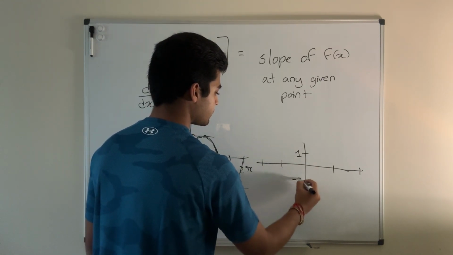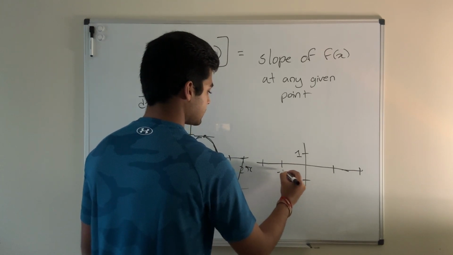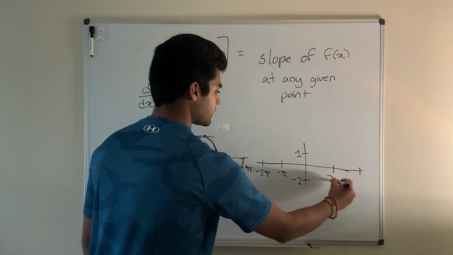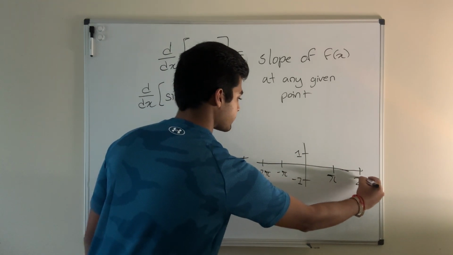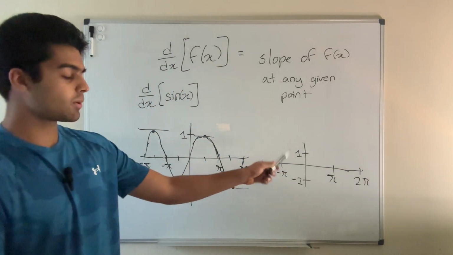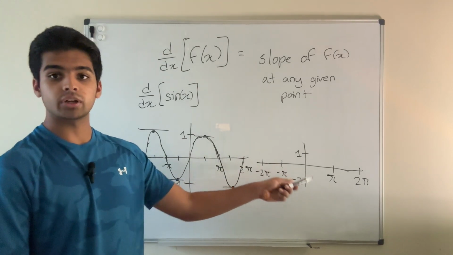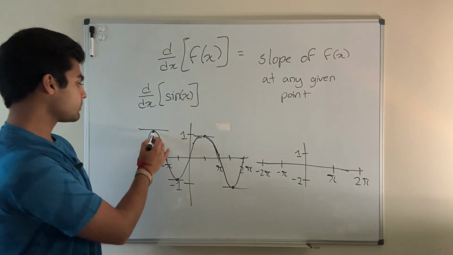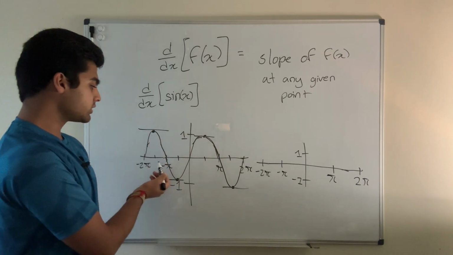1, negative 1, negative pi, negative 2 pi, pi, and 2 pi. Okay, so this is where we graph our derivative. We can see that at this point, the slope of the tangent line is going to be 0.